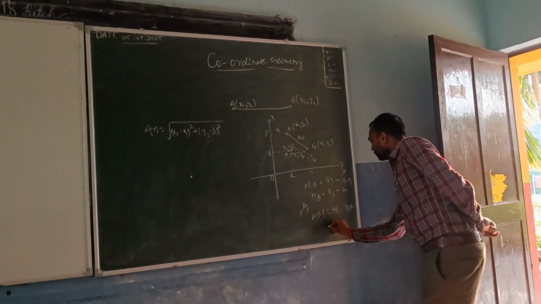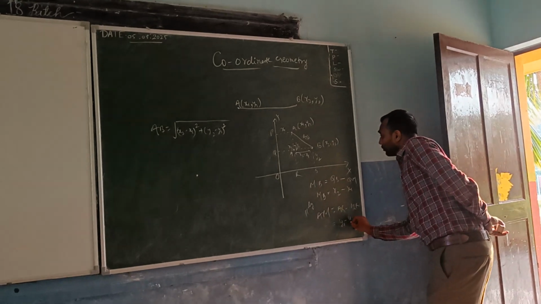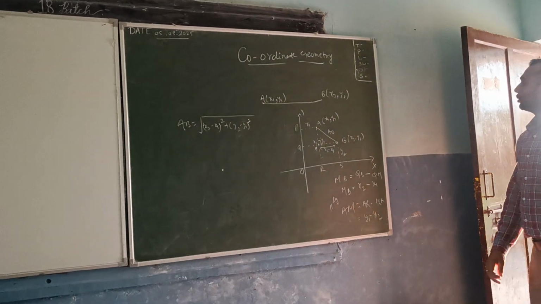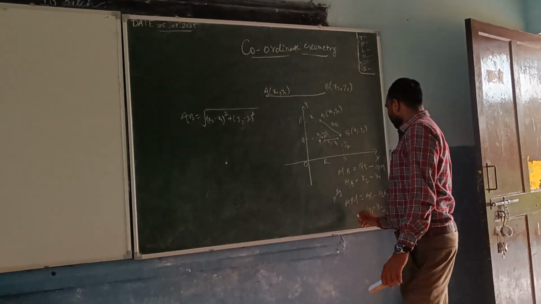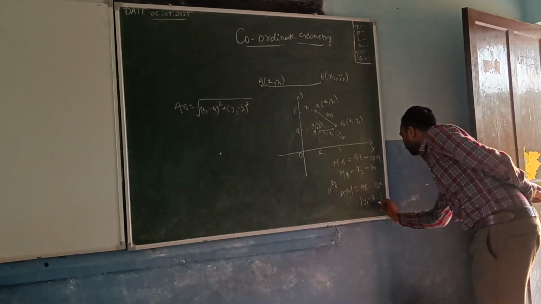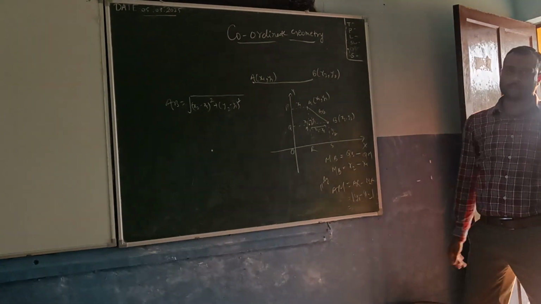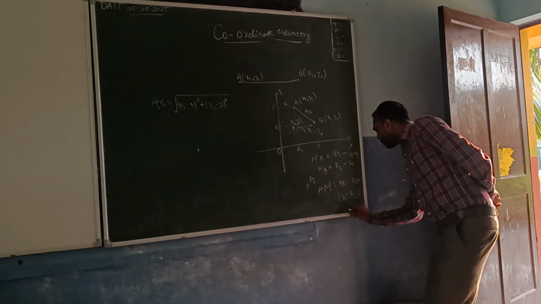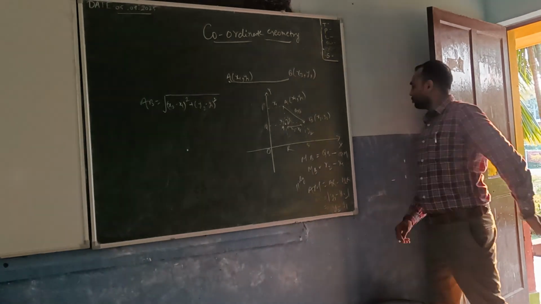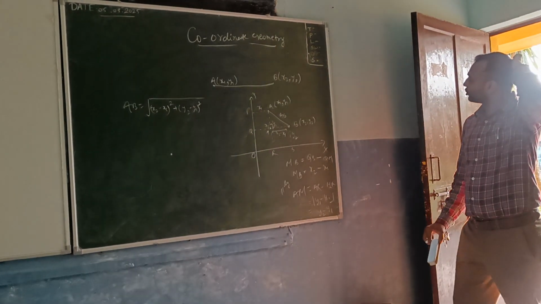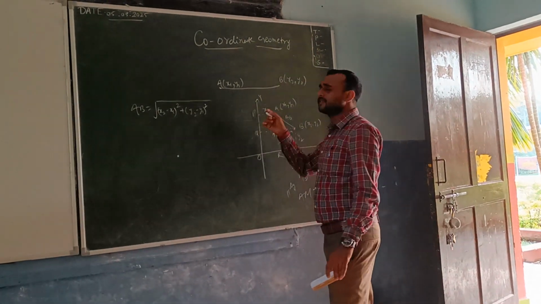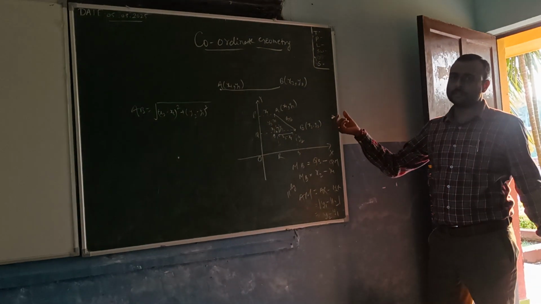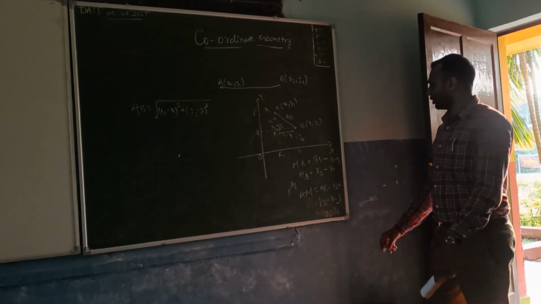That is y2 minus y1. If we take distance, that is modulus form, which means we just take the positive value, so we can say y2 minus y1. So this is x2 minus x1, and this is y2 minus y1, and since distance can't be negative, we take it as positive.